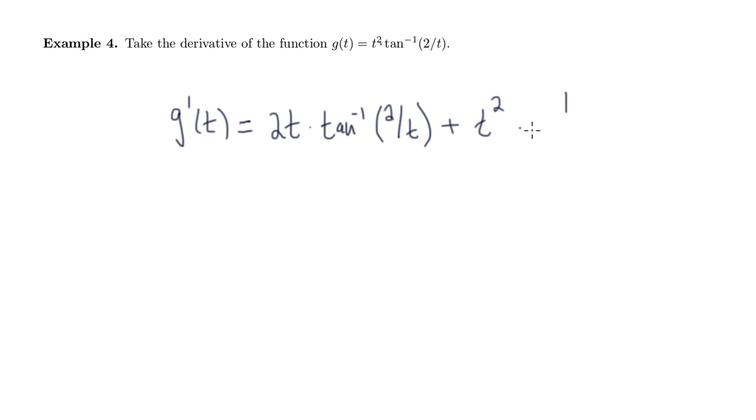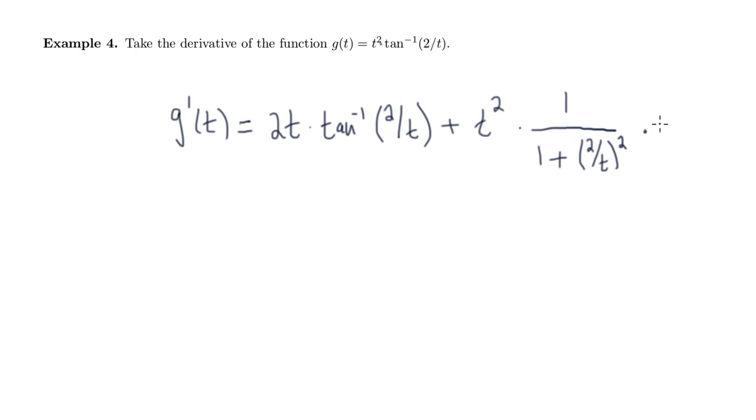Well, it's 1 over 1 plus whatever I'm taking the inverse tangent of, squared. So in this case, 2 over t, that quantity squared, and then times, what's the derivative of 2 over t? That's the chain rule.